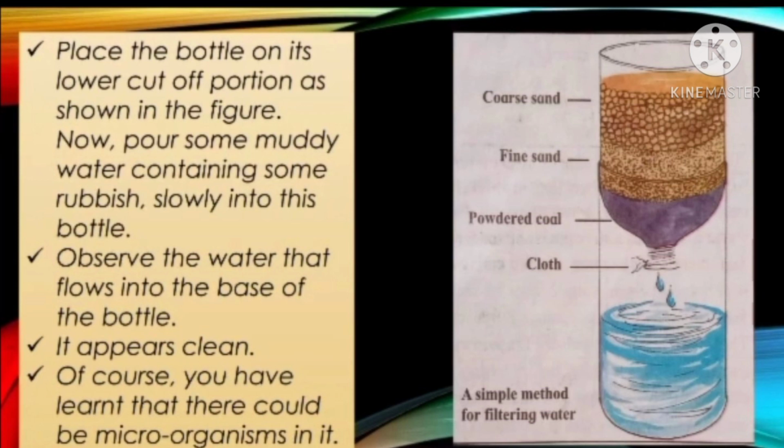Because we are showing purification. How does water get purified? Observe the water that flows into the base of the bottle. In the diagram, water is coming drop by drop and collecting in the container. It appears clean. If you observe it, the water looks very clean.